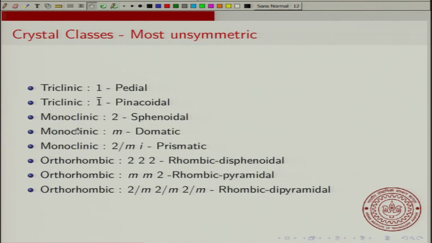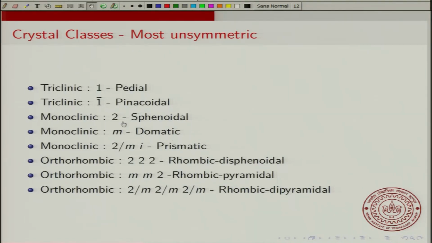In the monoclinic, you have to have at least a two-fold axis of rotation or a mirror plane. And so, there are three possibilities. If you only have a two-fold axis of rotation in your crystal, then it is sphenoidal, and it will fall in the monoclinic crystal system. If you have just one mirror, then the crystal class is referred to as domatic.